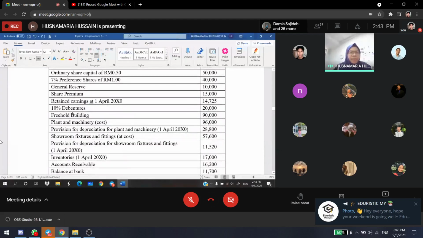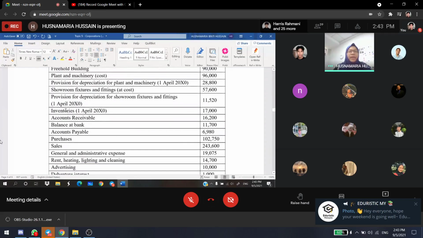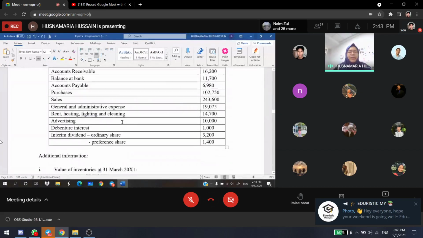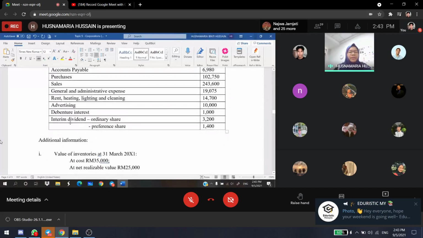Baru sampai debenture interest dan freehold building, plant and machinery, provision for depreciation or the accumulated depreciation. Showroom fixtures and fittings, accumulated depreciation for showroom and fittings. Inventories, AR, bank, accounts payable, purchase, sales, general and admin expense, rent, heating, lighting, cleaning, advertising, debenture interest, and then interim dividend.